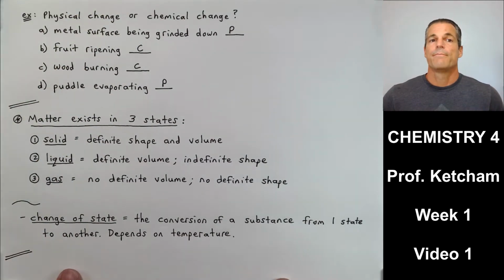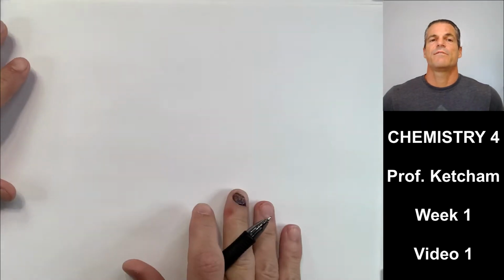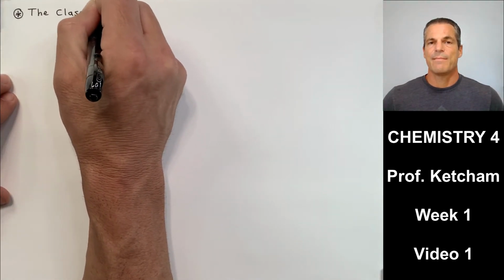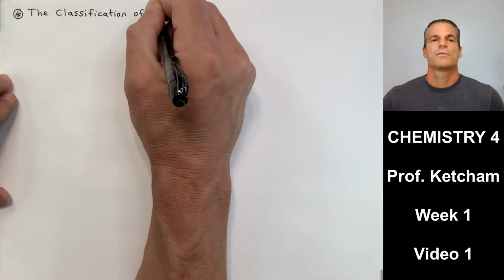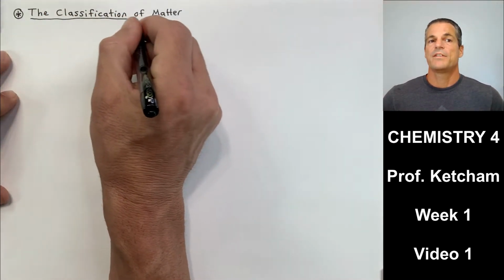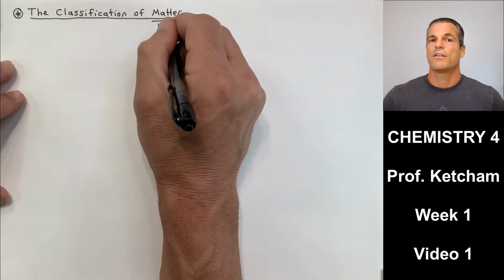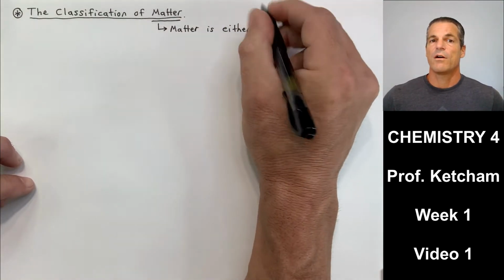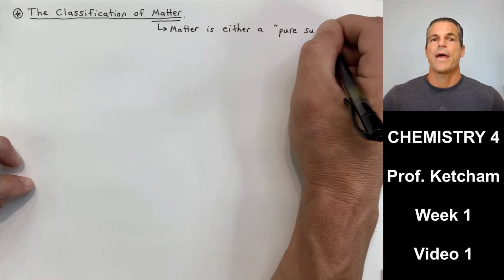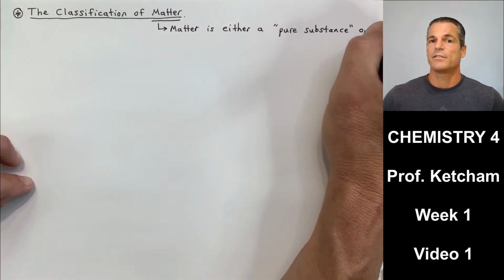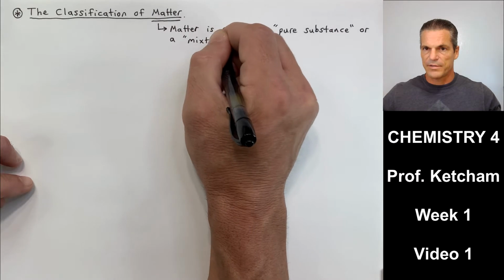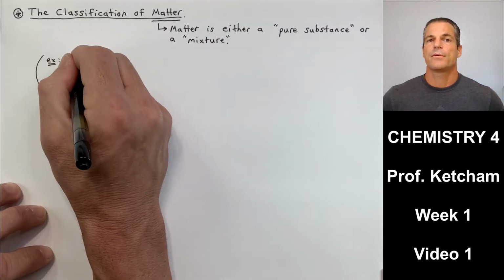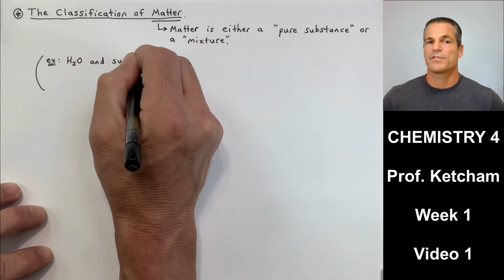All right, now we're on page 3 of this video's notes, and we're going to be making a little schematic, like a little flow chart. At the top of the page, it says the classification of matter. To begin our flow chart, matter is either a pure substance or a mixture, so we're going to separate matter into pure substances and mixtures.